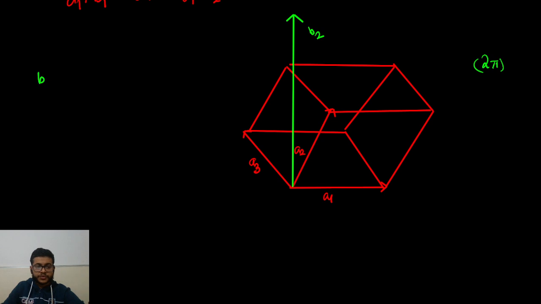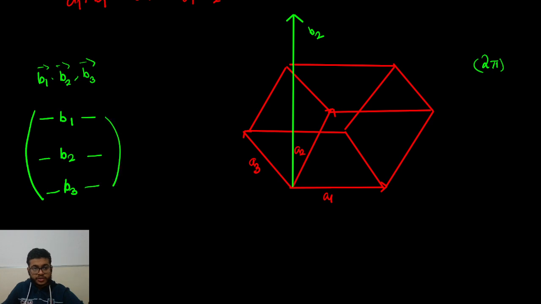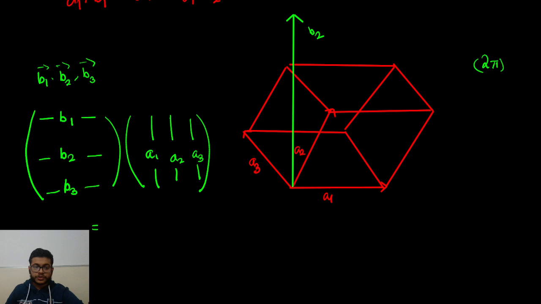So we take b1, b2, b3 as the rows of a matrix, multiply it with the matrix whose columns are a1, a2, a3, and we should get 2 pi times the identity matrix. So basically, bi dot aj should equal delta ij times 2 pi.